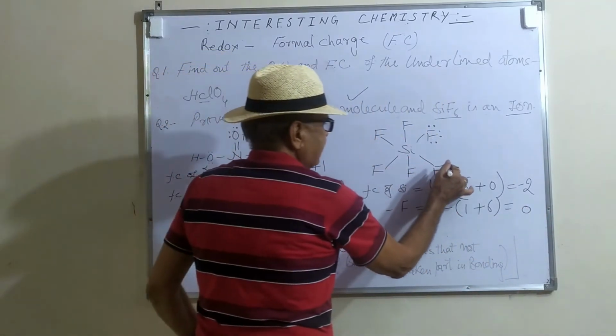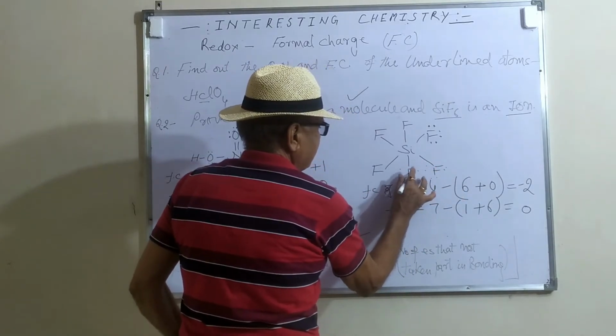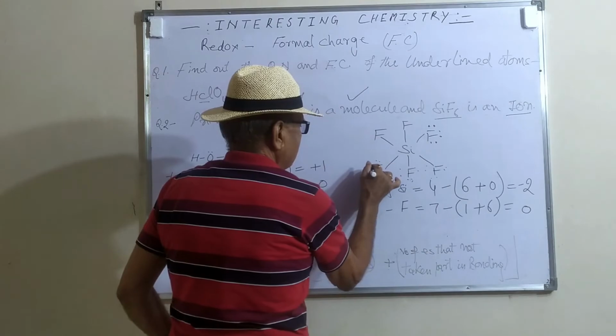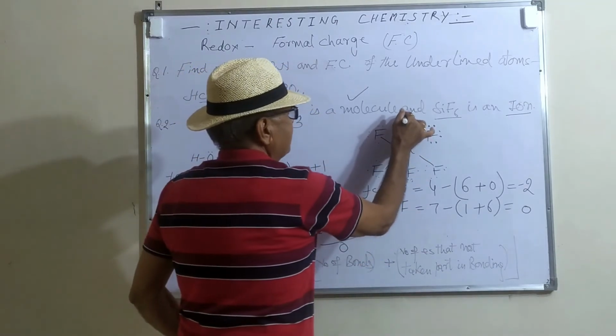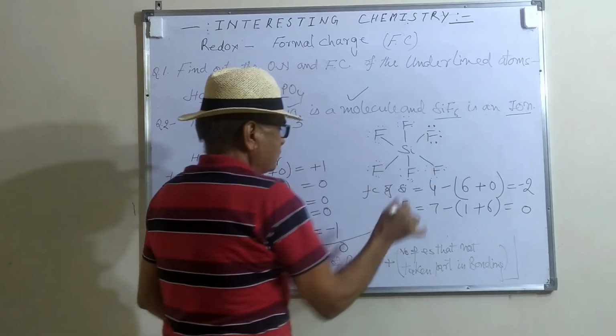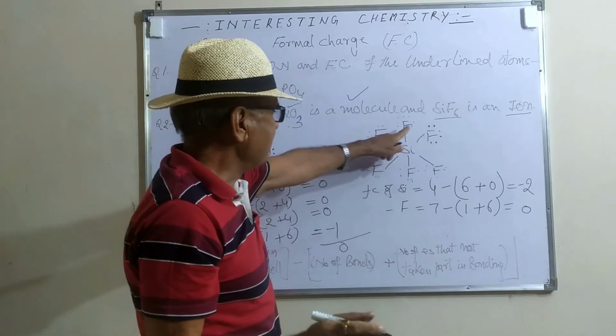Each fluorine has 6. So all the fluorines have the formal charge 0.